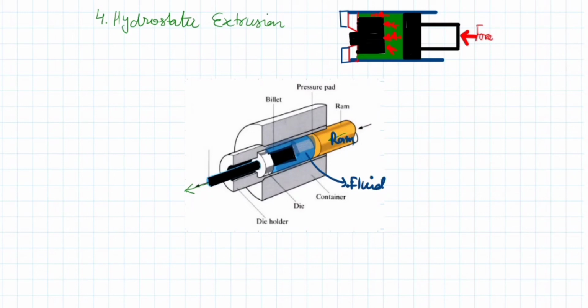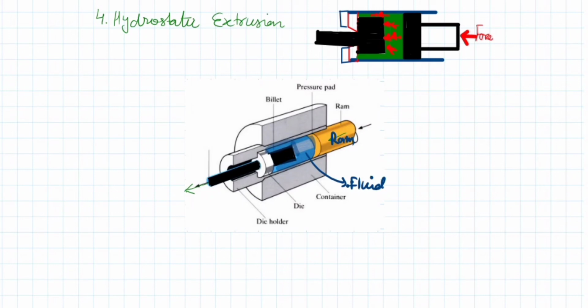due to which the billet will come out in the desired shape of the cavity, the shape of the die, as the extruded product. So here the workpiece, the billet, is compressed with the help of a fluid.